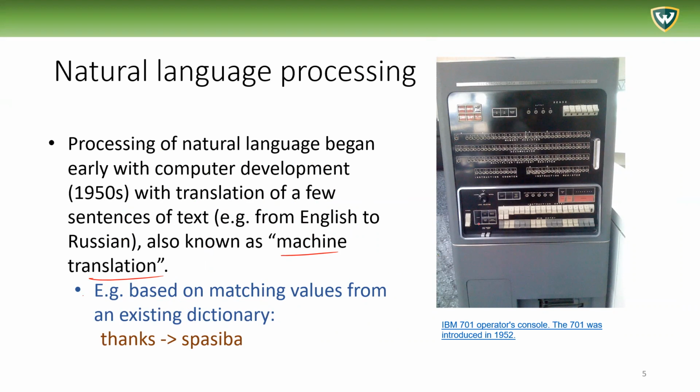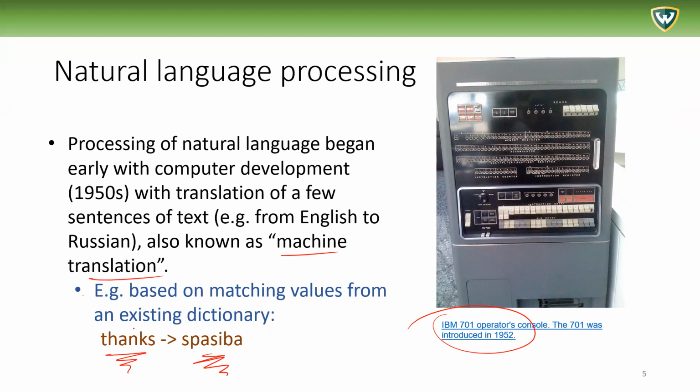So for example, if you have recorded in the computer, and this is the computer that was actually used right here, you see there's not even a screen in it, but if you somehow record a dictionary of English and Russian in the computer, so you have, the word thanks in English is translated to spasiba in Russian, then you can theoretically take a sentence and just translate every single word.